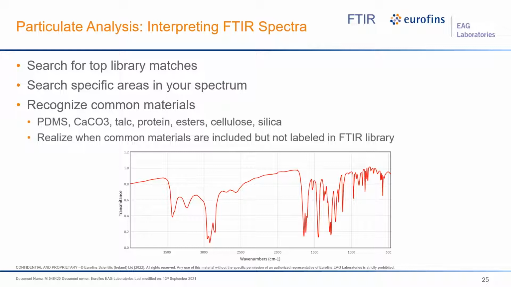But what's very important is when these common materials are part of your complex spectrum, because your particle is a mixture of these things with something else, some more complex organic compounds. If you isolate these common materials, they may give you a better match for the other part of the particulate.